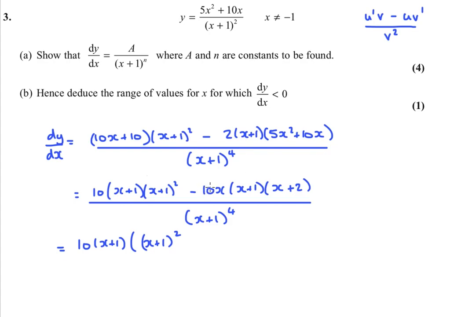And then when I take out the 10 bracket x plus 1 from here, I'm going to have x and the x plus 2 left. And that's good because that's going to now allow me to cancel one of the x plus 1s from here. So this will go, and this will become a 3.